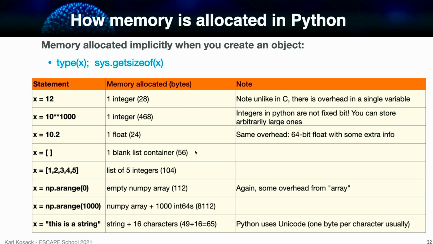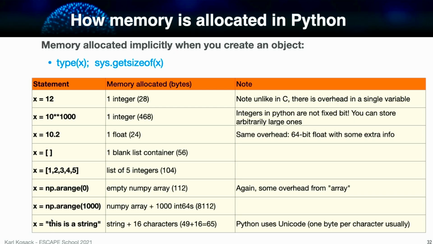A blank list itself just takes 56 bytes. If you fill the list, you get the 56 bytes plus 5 integers, so 5 times 28, and you get 104. NumPy arrays also have some overhead. A NumPy array of length 0 still takes 112 bytes, but then you add, let's say, 1,000 64-bit ints.